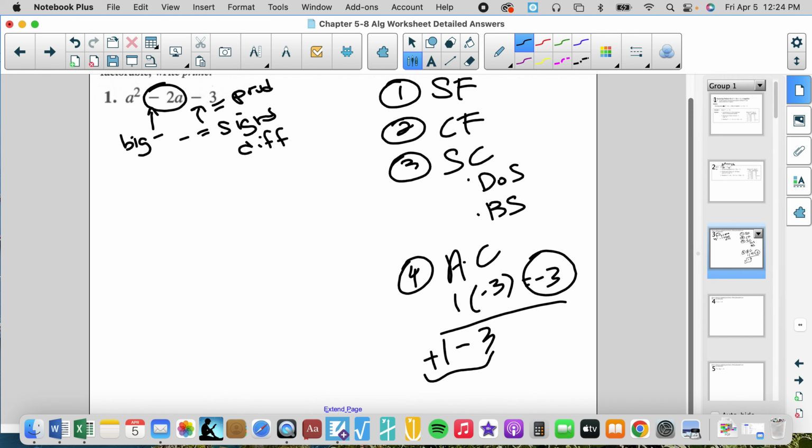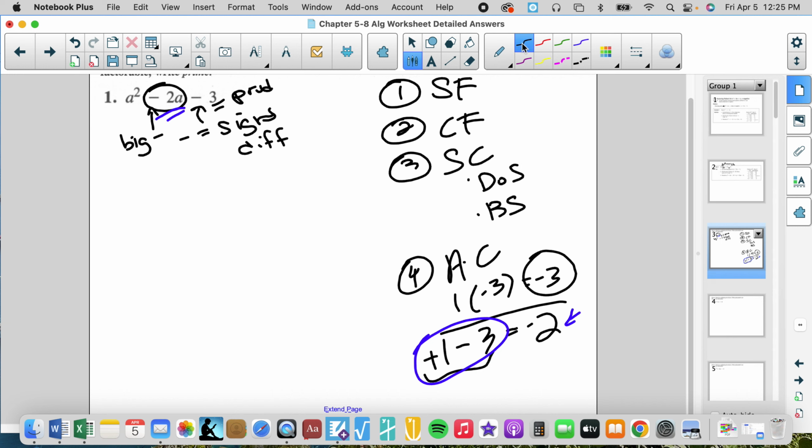The only way you can get a negative middle term is if the bigger of the two has to be negative. So this becomes -2. Does this equal my middle? Yes, it does indeed.